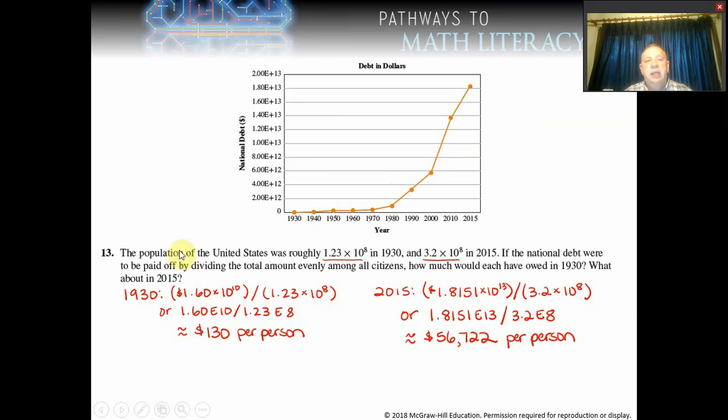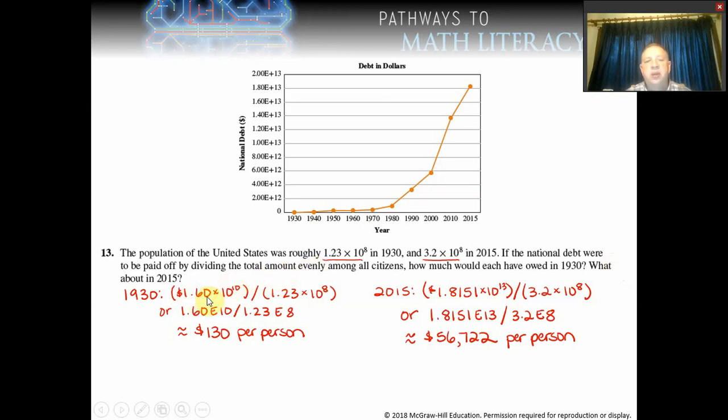Okay. Population of the United States was roughly 1.23 times 10 to the 8th in 1930. 3.2 times 10 to the 8th in 2015. If the national debt were to be paid off by dividing the total amount evenly among all citizens, how much would each have owed in 1930?